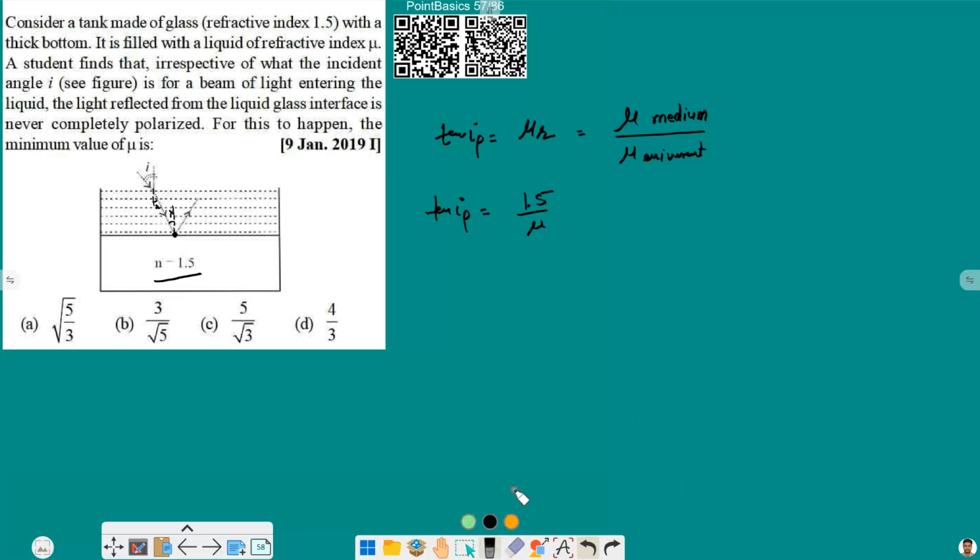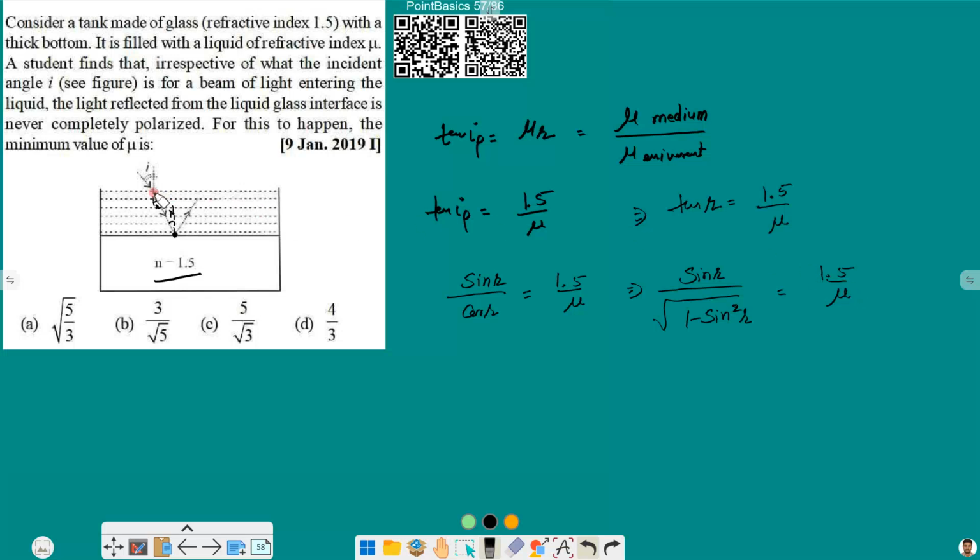So here we can write that tangent of r is equal to 1.5 by mu. Now this can be written as sine of r by cos of r is equal to 1.5 by mu, and further as sine of r divided by under root 1 minus sine square of r is equal to 1.5 by mu.